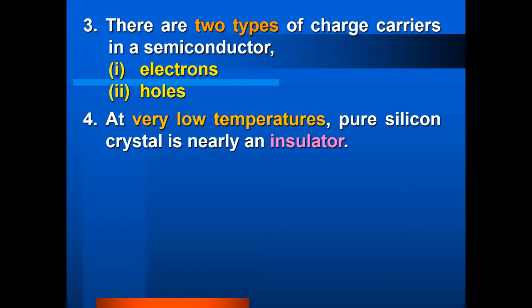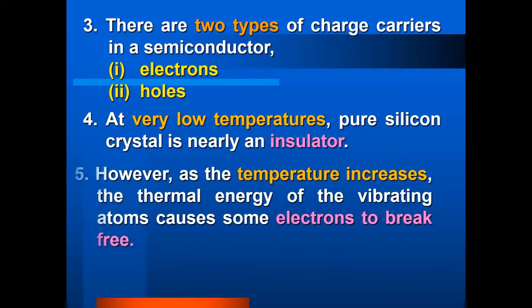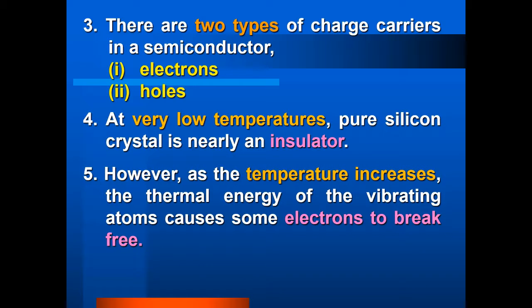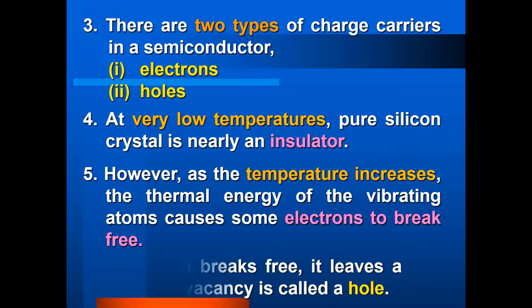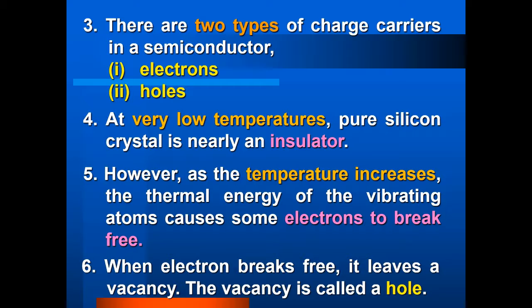At very low temperature, a pure silicon crystal is nearly an insulator. However, when the temperature is increasing, the thermal energy of the vibrating atoms causes some electrons to break free. When the electron breaks free, it leaves a vacancy. The vacancy is called a hole.